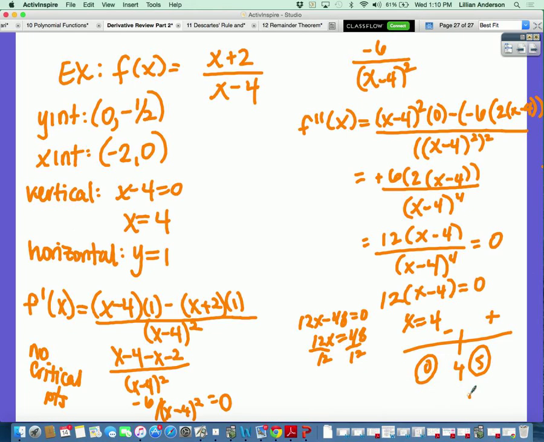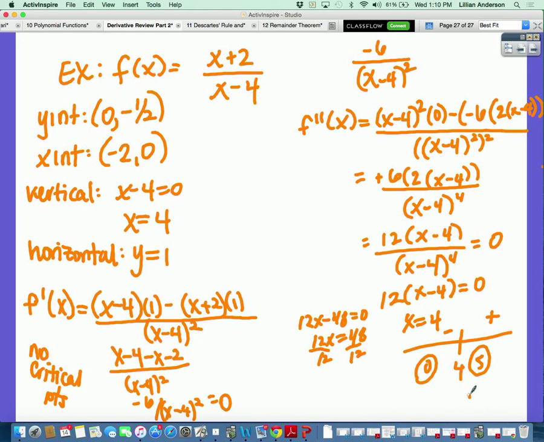Now, one thing that we gotta be careful of, I forgot this, but I remember it now. Even though we didn't have any critical points, we still have some critical pieces of information, i.e. those asymptotes. We had a vertical asymptote at 4, we had a horizontal asymptote at 1. So we still need to check around those asymptotes as well.